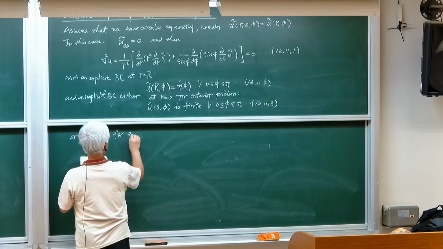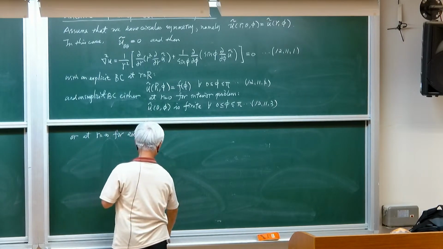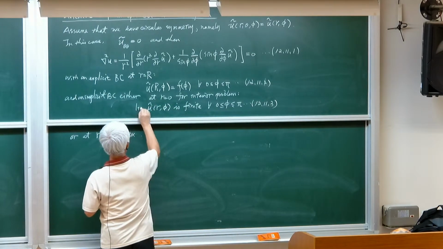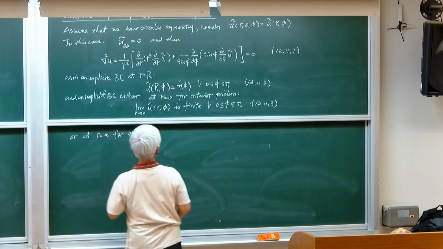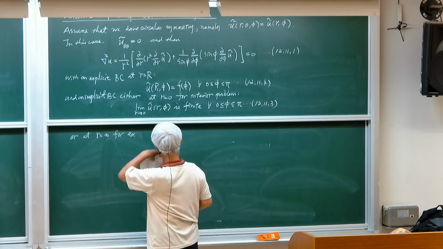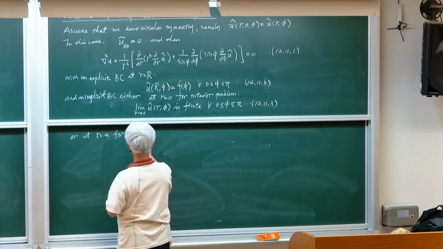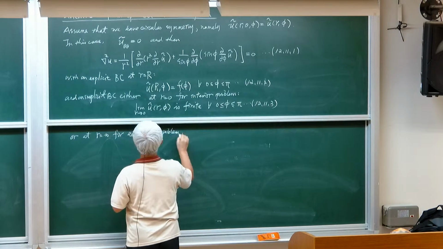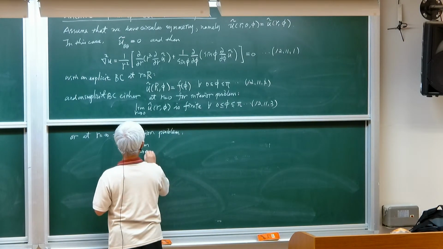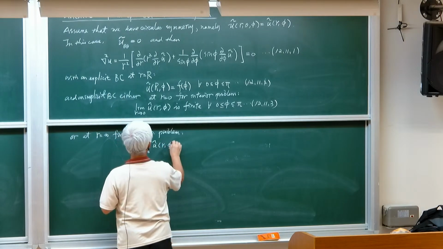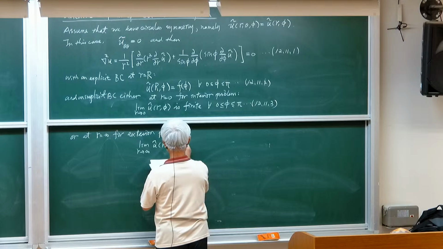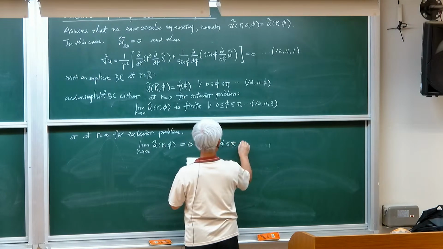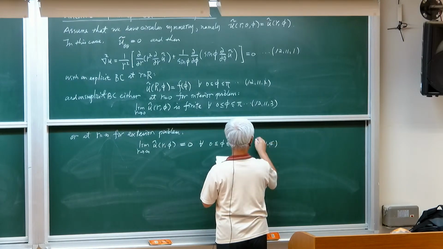For the interior problem the limit as r goes to 0 is finite, and for the exterior problem the limit as r goes to infinity of u tilde is 0 for all phi.